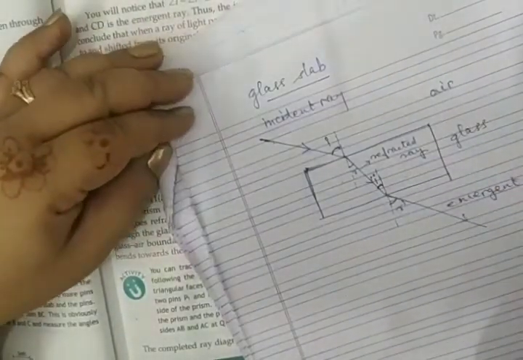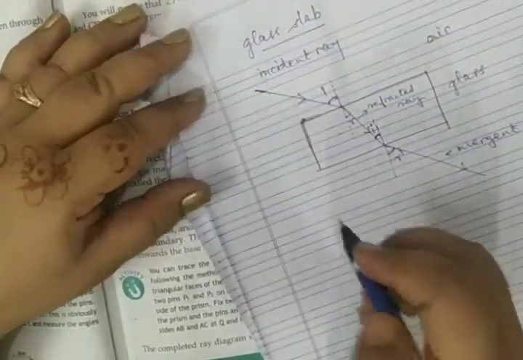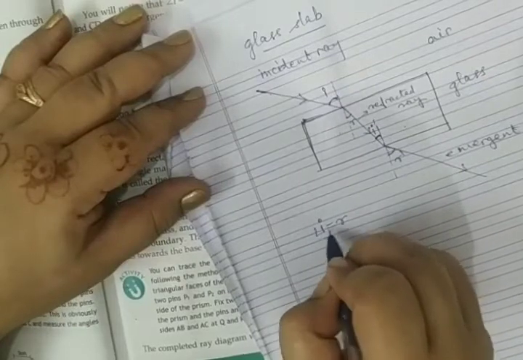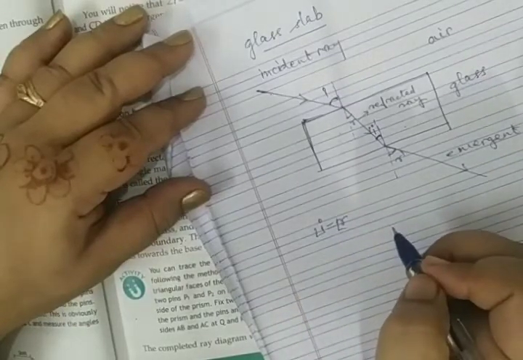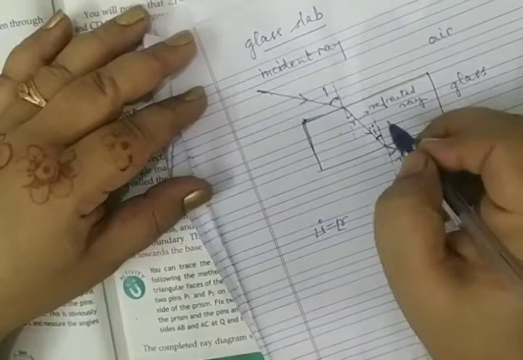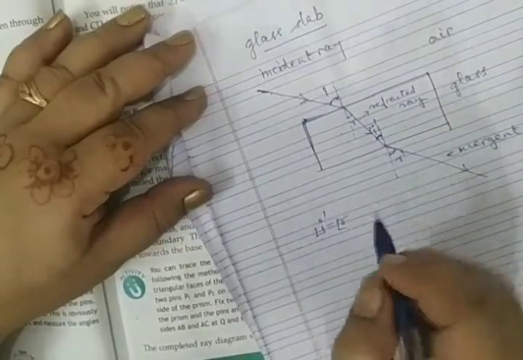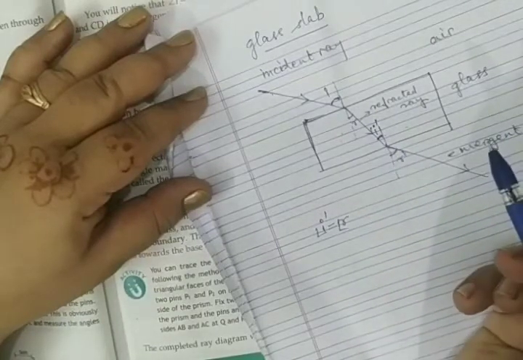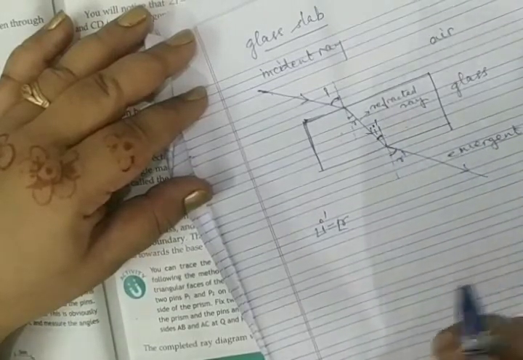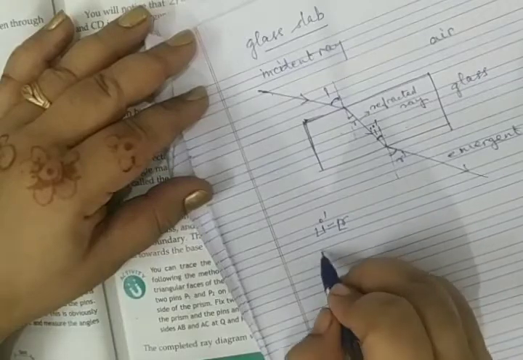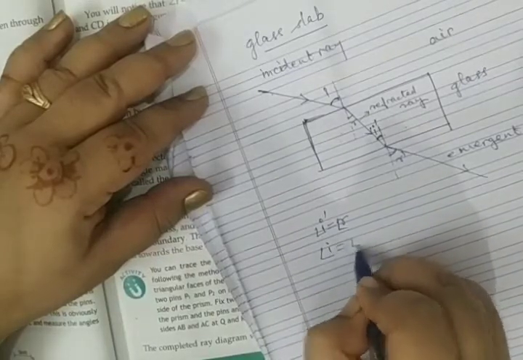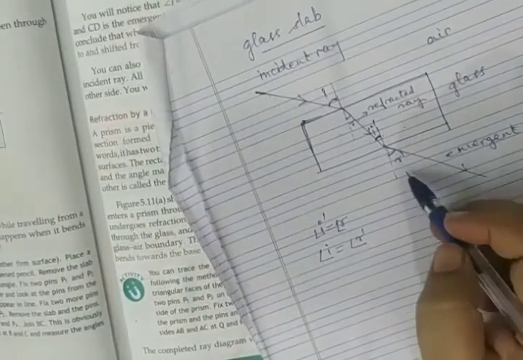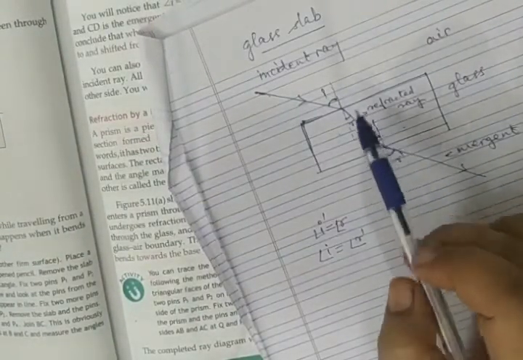Now it is observed that angle I dash is equal to R. This angle and this angle, they are equal. And angle I is equal to angle R dash. This R dash is known as the angle of emergence. What is I?